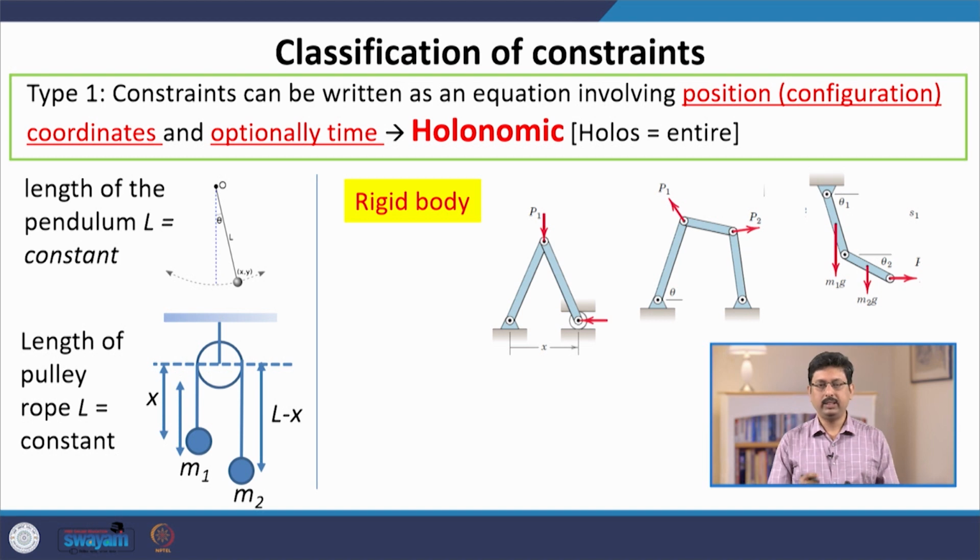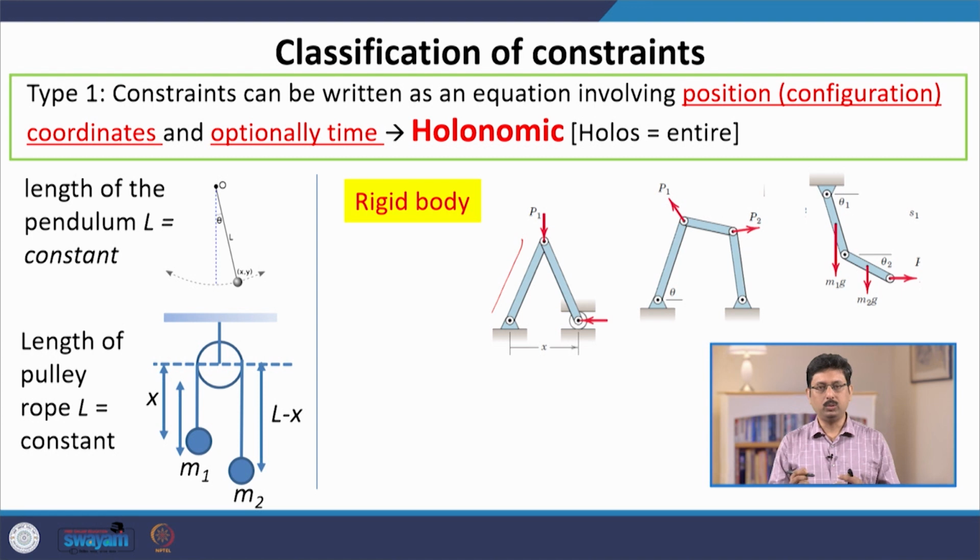Another very important example is the rigid body, or multiply connected rigid bodies. Let us say this is a rigid rod. Each of these rods is a rigid body in the sense that the distance between any 2 points in the rod is going to be constant always, no matter what.